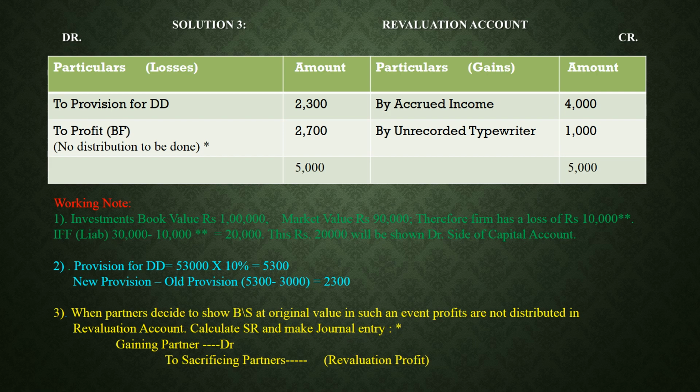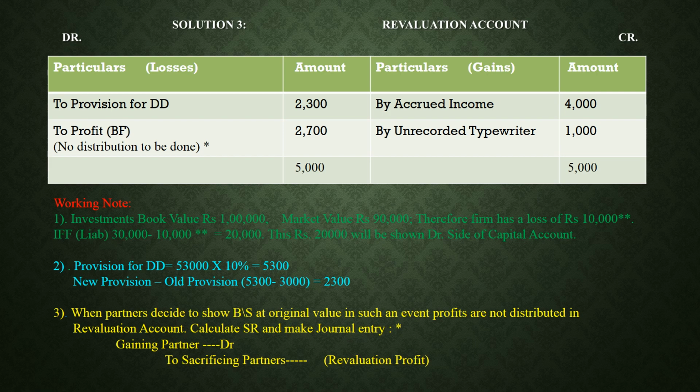Our result will be 5,300. From this 5,300, we will subtract the old provision and our net result will be 2,300. Therefore, debit side of revaluation account, we will show 2,300.